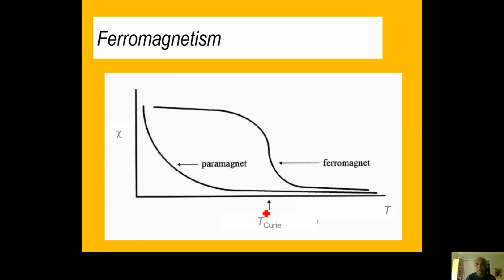Above that Curie temperature, it behaves like a paramagnet, so it will have this C over T, 1 over T dependence like this. You can see the difference between a paramagnet and a ferromagnet. So this is one way to identify whether it's a paramagnet or ferromagnet.